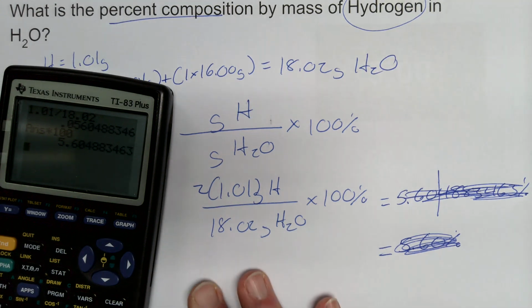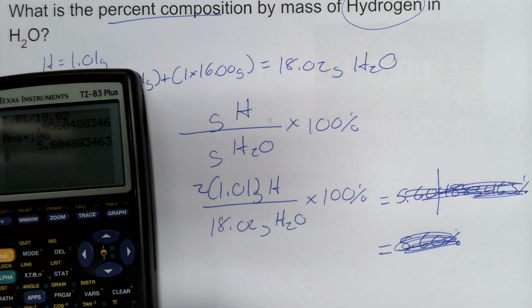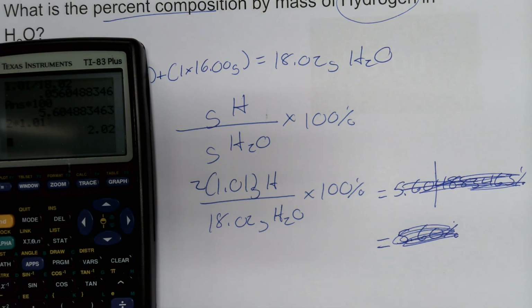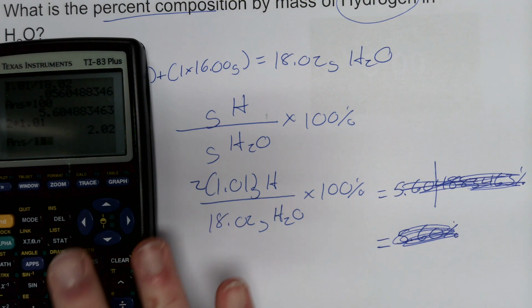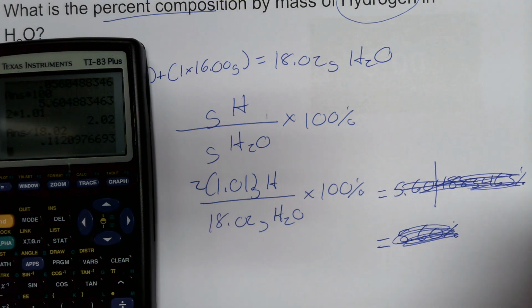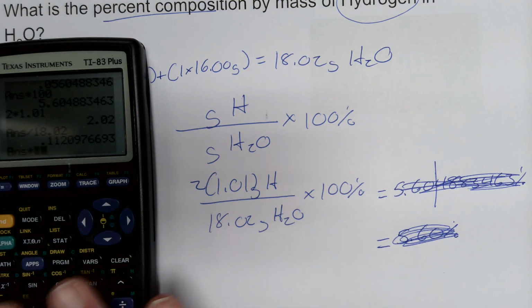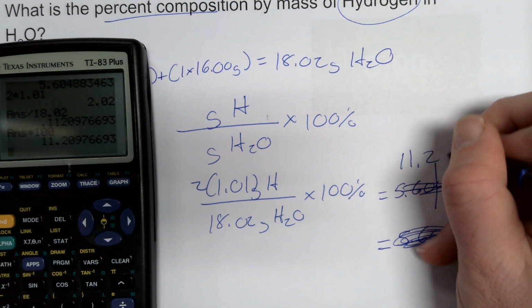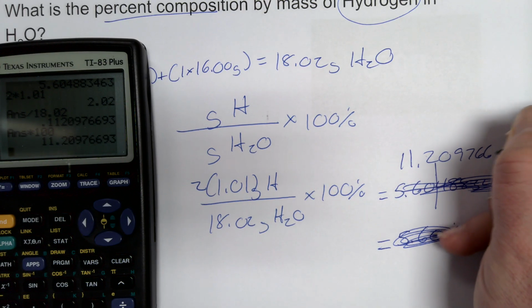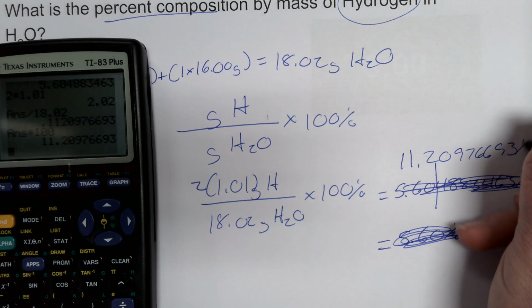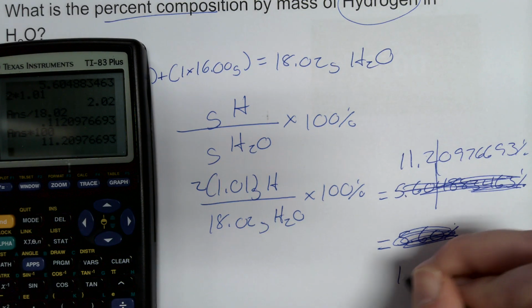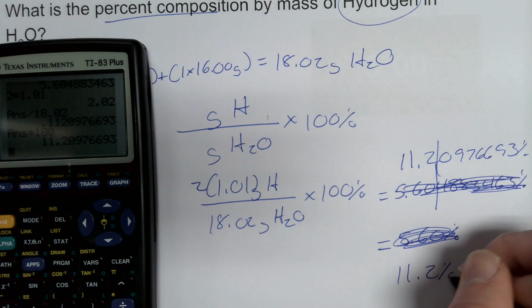Because I have 2 hydrogens, it's 2 times 1.01. Divide that by 18.02 times 100. 11.20976693%. So follow 3 sig figs. My final answer is 11.2%.